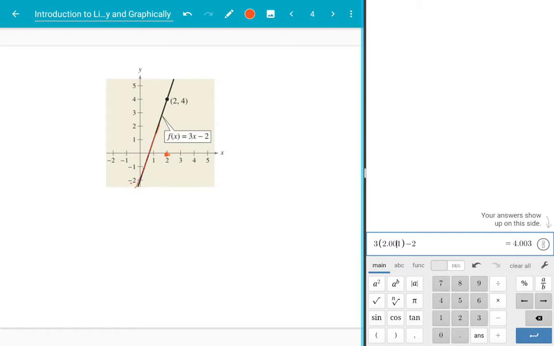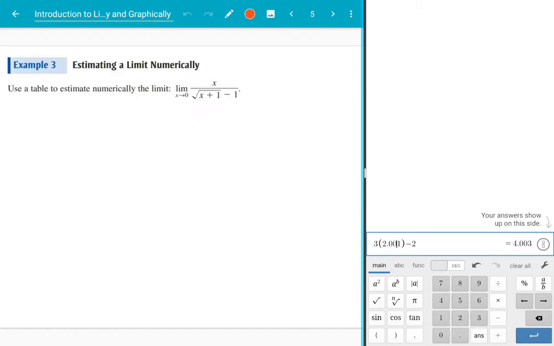From the left-hand side, it looks like it is approaching the number 4, and from the right-hand side, it looks like it's approaching the 4 as well. So the behavior of the graph as you're approaching the x value of 2 from the left-hand side and the right-hand side is the same. Therefore the limit exists and the limit is equal to 4.